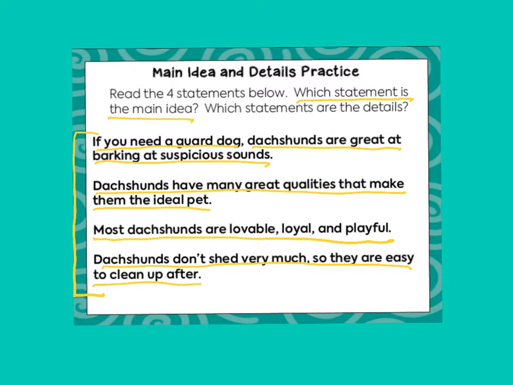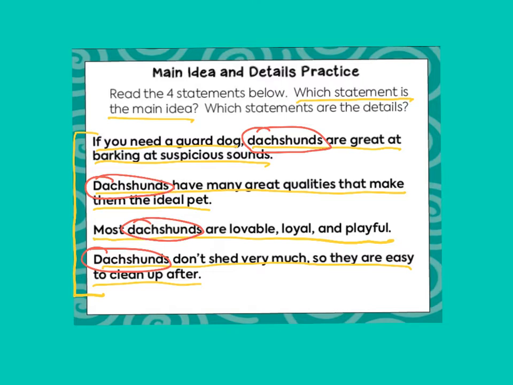All right, so as I was reading this, I heard definitely what the topic of this passage would be. It'd be dachshunds because they were mentioned in every sentence. Okay, but if this was a paragraph written about dachshunds, what would be the main idea? Is it that they're great at barking at suspicious sounds?